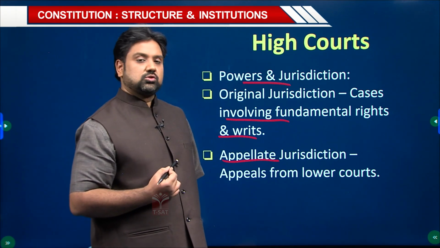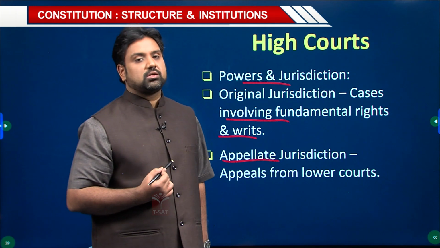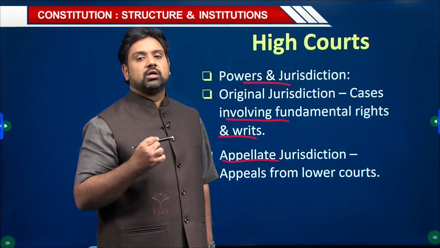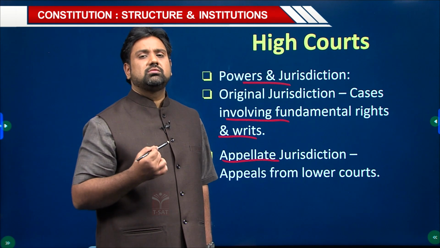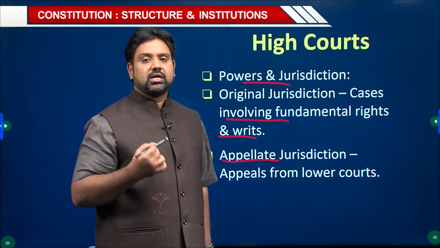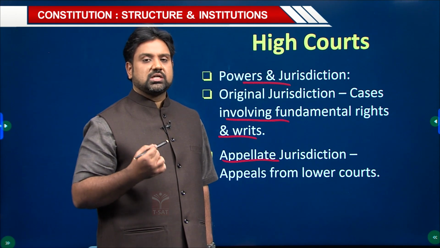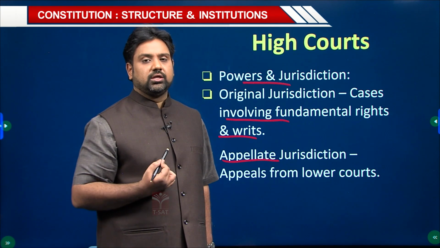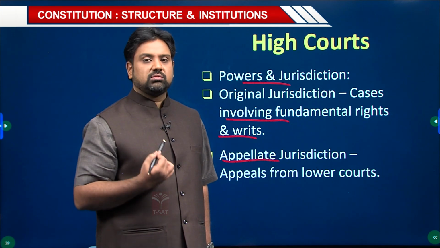So, the appellate jurisdiction extends over that particular territory only. For example, the High Court of Madras can hear appeals from matters which have arisen in the territory of Tamil Nadu and also the Union Territory of Puducherry. The same thing is with Telangana.